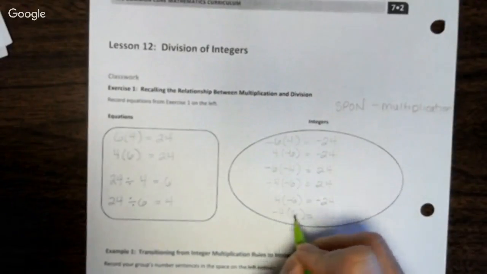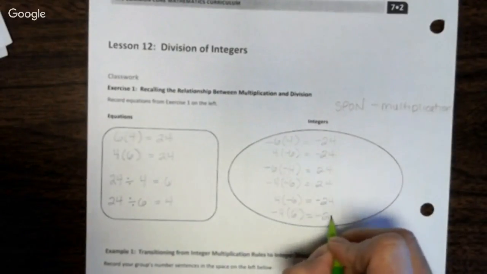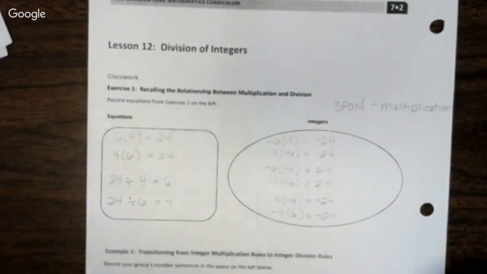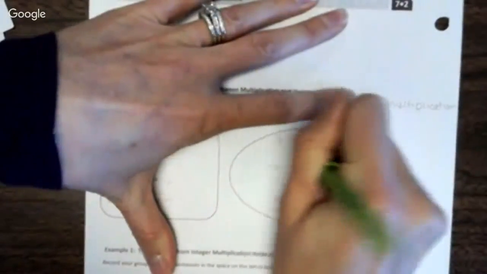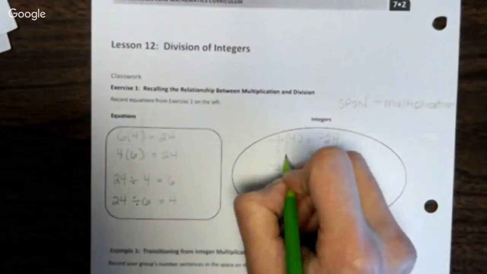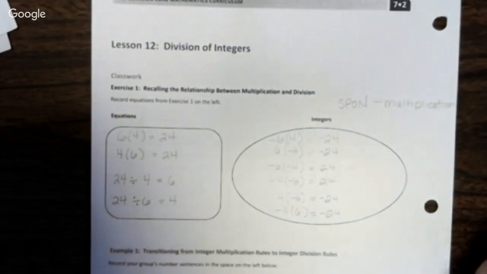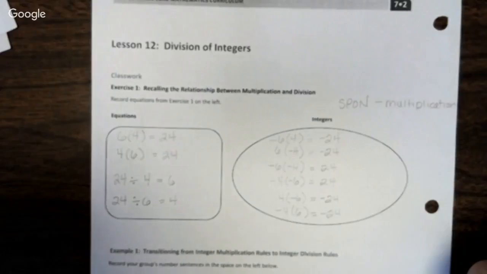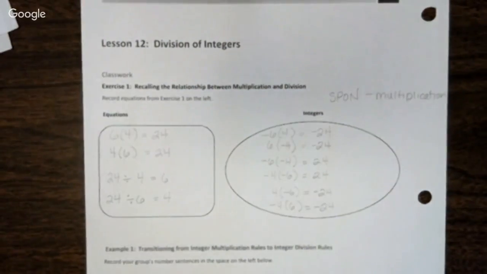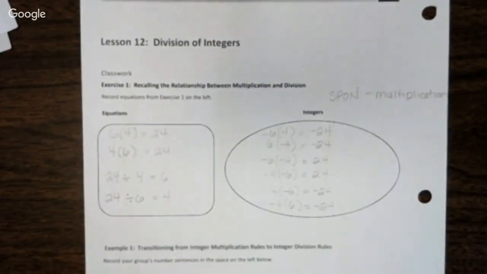So negative 4 times 6 gives us negative 24. Opposite signs, negative answer. I'm actually going to go back up and do that up here too. Let's change this one. Instead of switching the numbers, let's take this as a positive 6, this as a negative 4. Let's just reverse the negative signs. Now that still gives us a negative answer because they are still opposite signs.